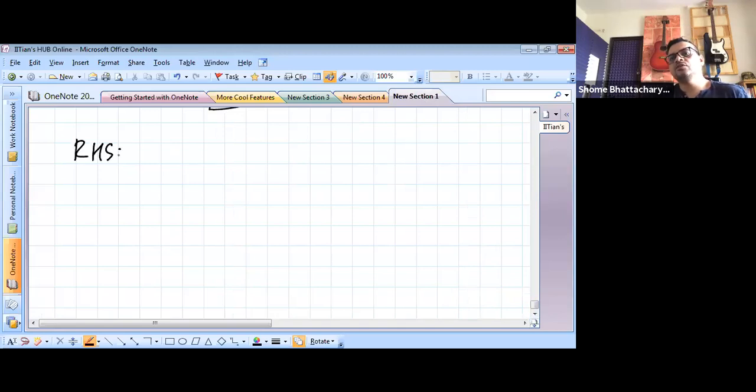So the right hand side of that vector operation was A cross B plus A cross C. So let's do each of these.